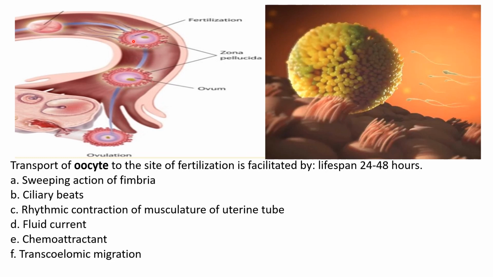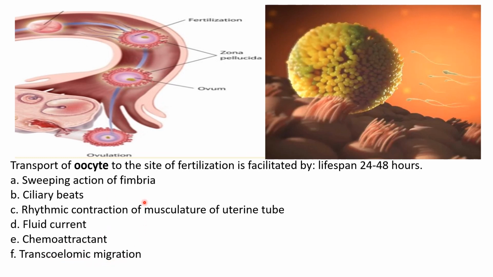Then there is successive rhythmic contraction of the musculature of the uterine tube. Also the fluid current and the chemoattractants released by both the gametes will help in the migration of the oocyte to the ampulla. And lastly, transcoelomic migration. What does it mean? If the oocyte is shed from the right ovary, it can reach the left uterine tube by transcoelomic migration.